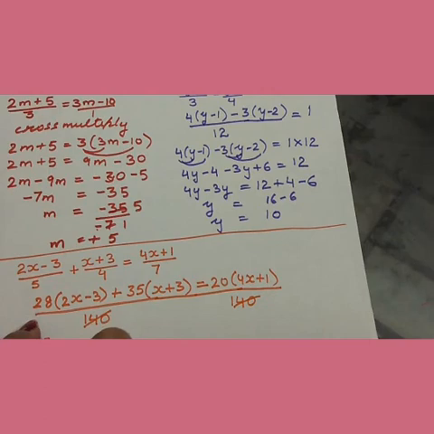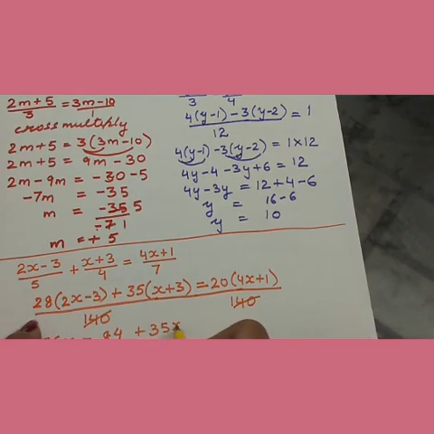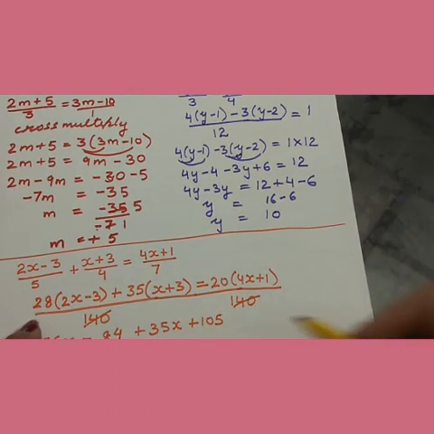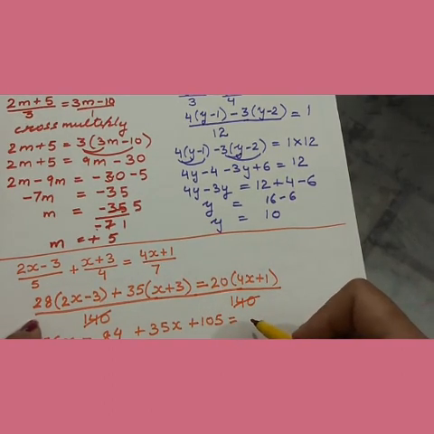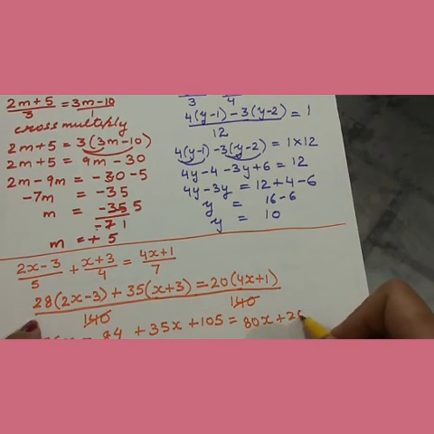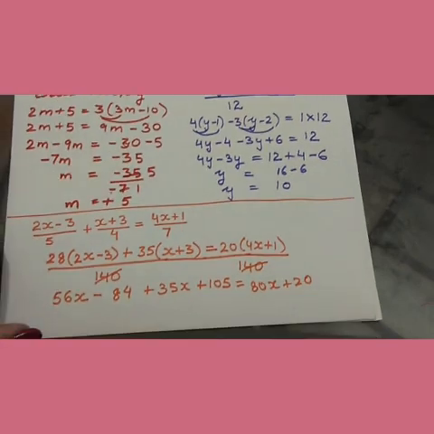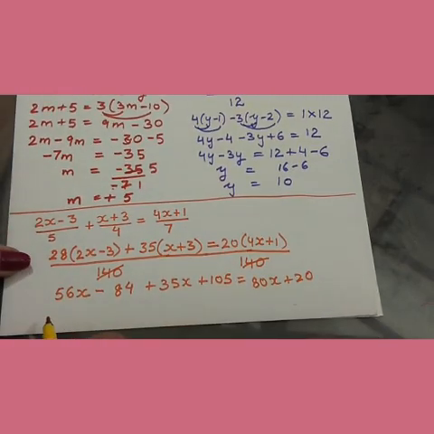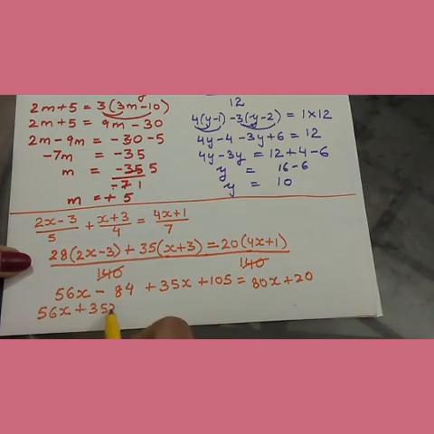Now I am going to multiply. 28 multiplied by 2x is 56x minus 84 plus 35x plus 105 is equal to, now on the right hand side, same procedure, 80x plus 20. Now I am going to collect all the x terms on one side, that is 56x plus 35x.